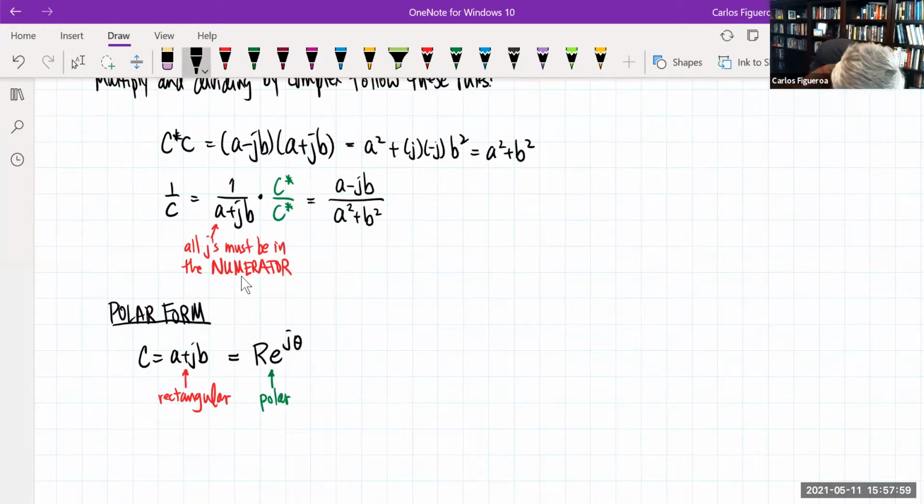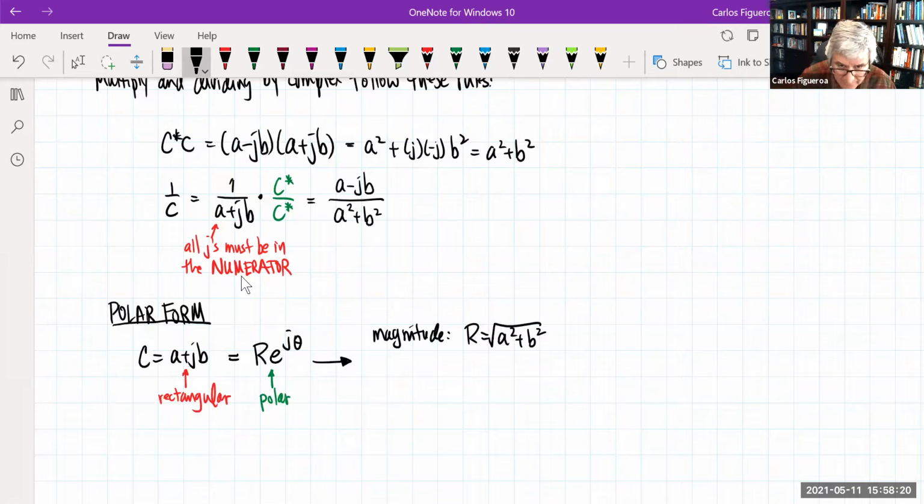And polar form follows the same details. That means if I want the magnitude, look at the vector in rectangular coordinates, a plus jb. The magnitude is then going to be the square root of a squared plus b squared.